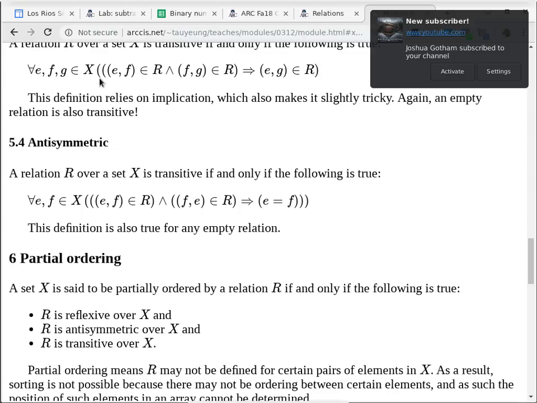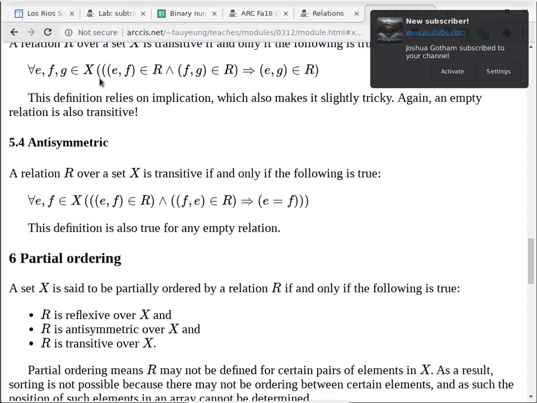Equality? So equality is one, but that's somewhat trivial because if E equals F and F equals E, then E equals F.